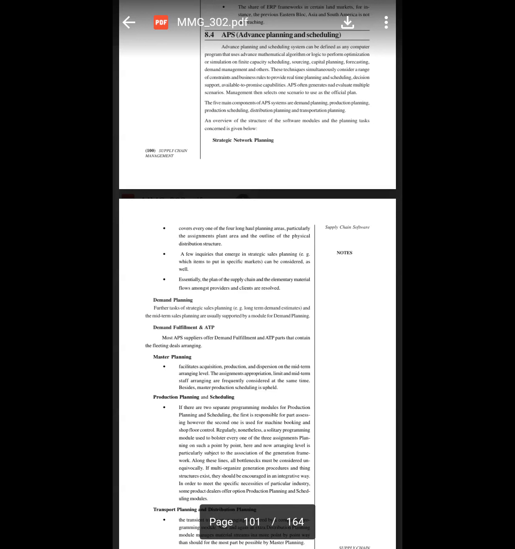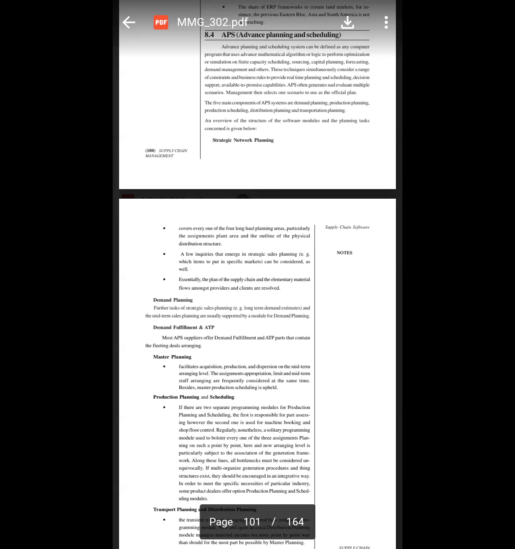Okay, then a strategic network framework covers the long-haul planning areas, particularly the assignment of planned areas and the outline of the physical distribution structure. A few inquiries that emerge in strategic sales planning, for example which items to put in a specific market, can be considered as well.